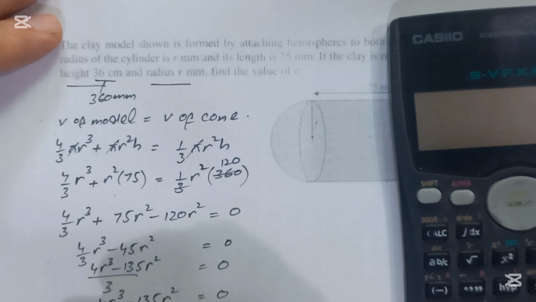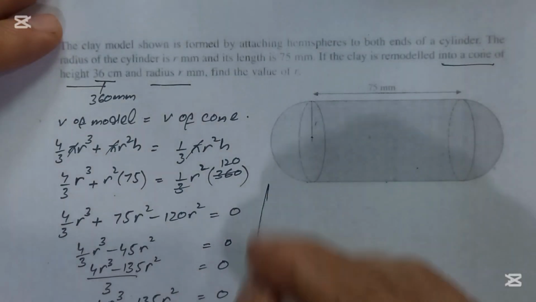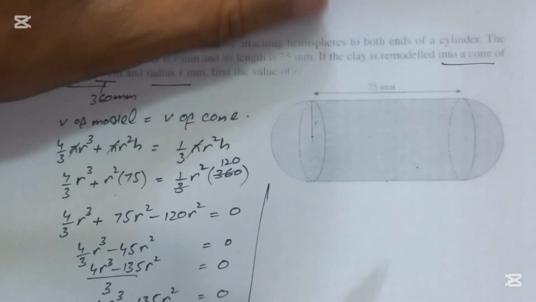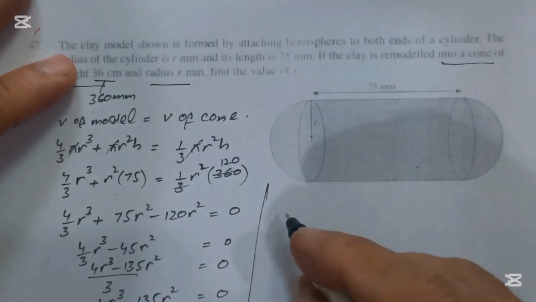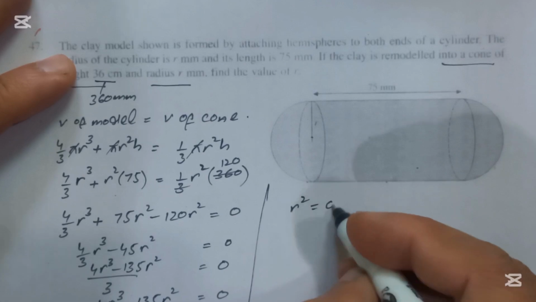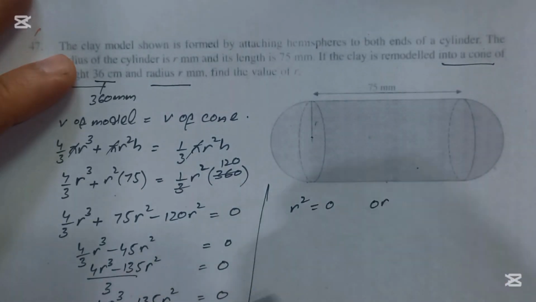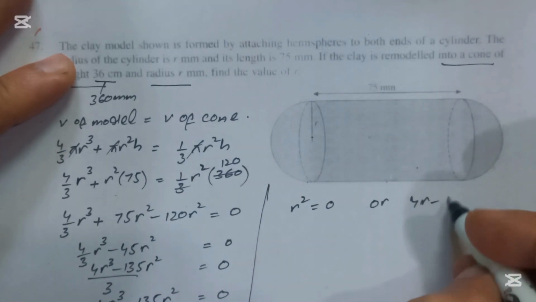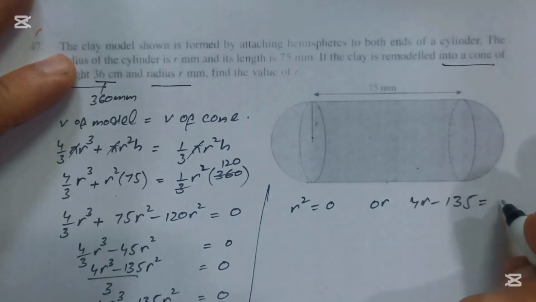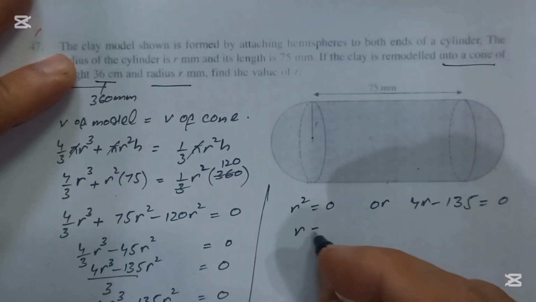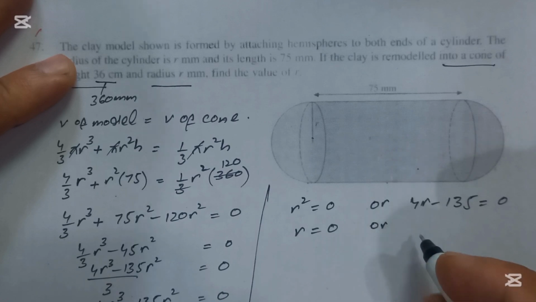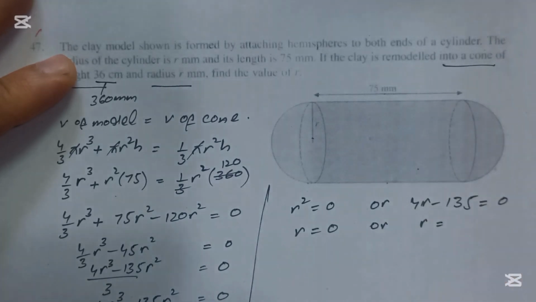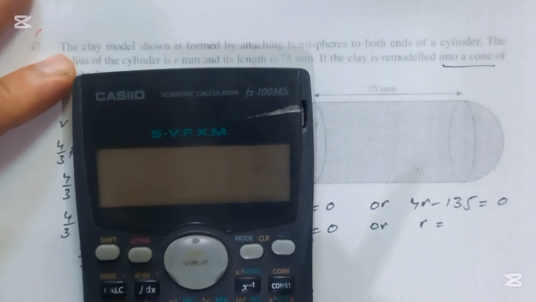Take r square common at this step. Remainder will be 4r minus 135 equal to 0. At this step, we are actually having r square equal to 0, or 4r minus 135 equal to 0. From here, r's value will be equal to 0, or from here, r will be equal to 135 divided by 4.